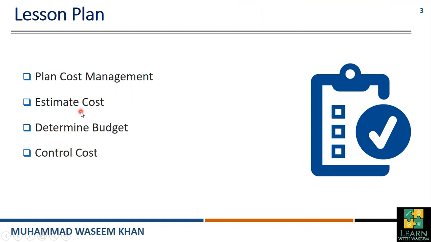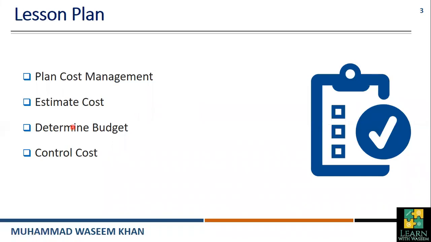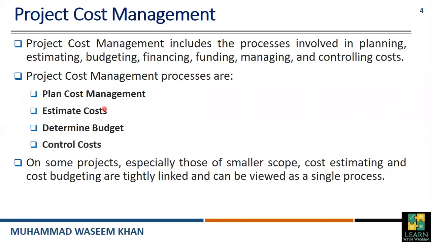Then we will discuss how to estimate the cost for a particular project or different activities in a project. We will discuss how to determine the budget and how to control the cost. So in this particular lecture, we will discuss the first 2, that is plan cost management and estimate cost processes.